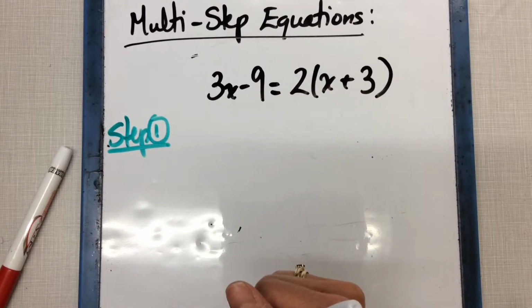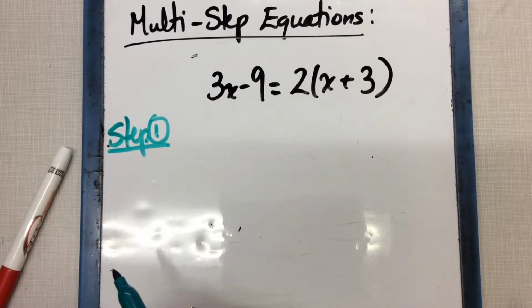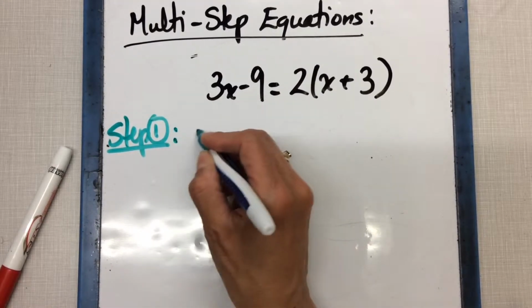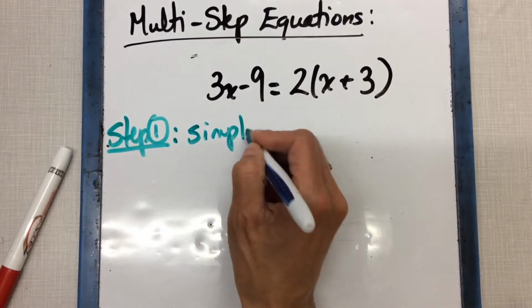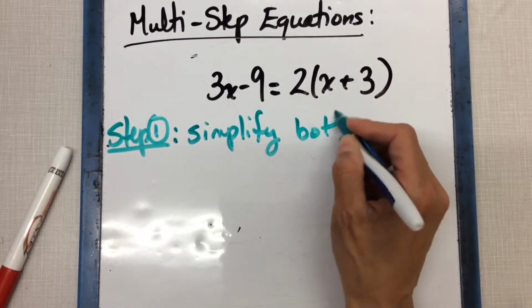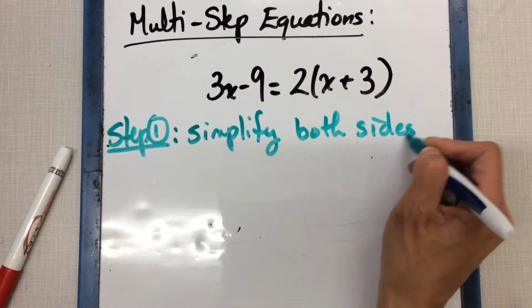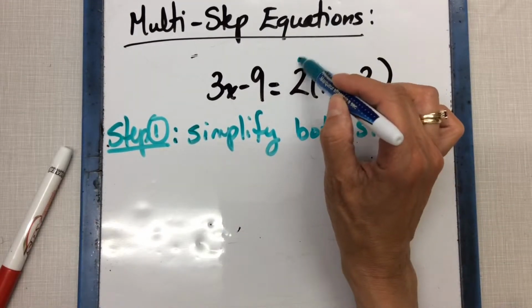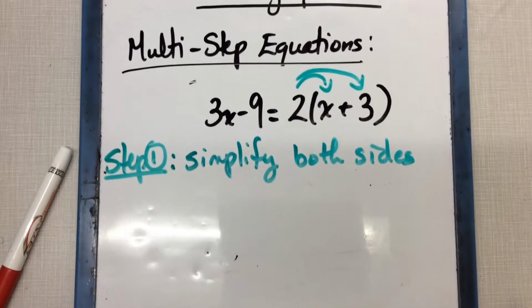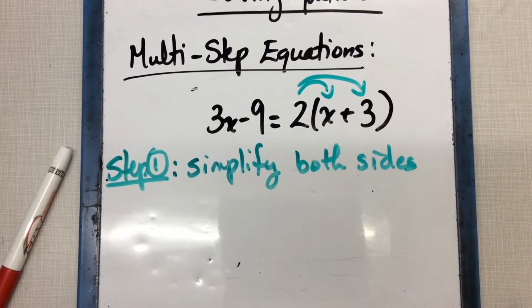We had step 1 was to do the opposite operations, etc. Here, before we do that, we must simplify both sides. In this case, the right side needs to be multiplied using the distributive property.